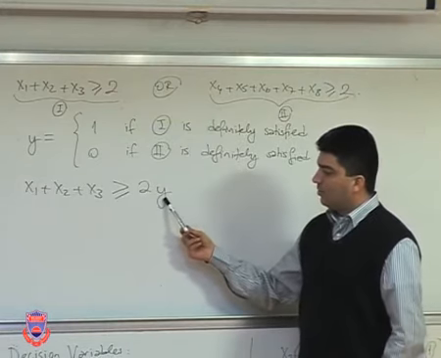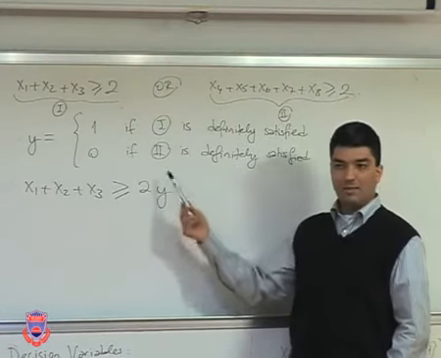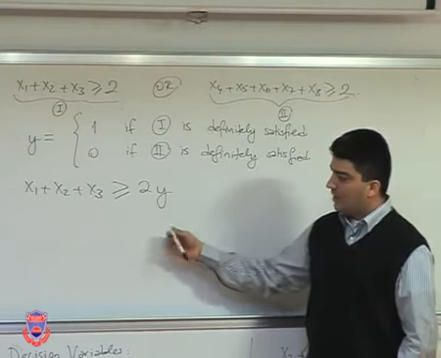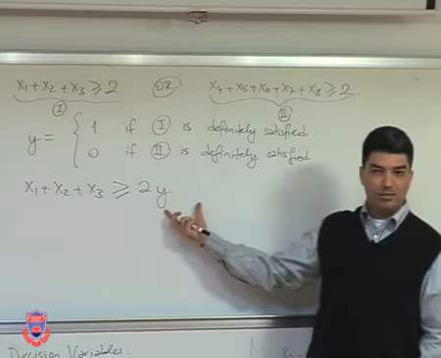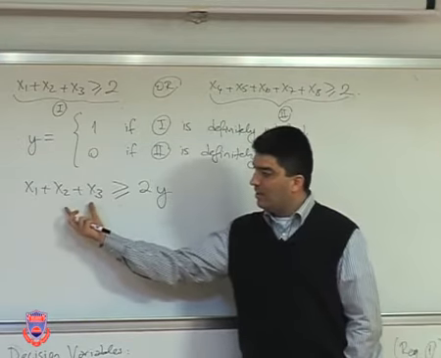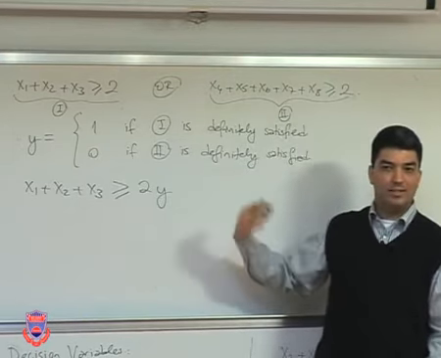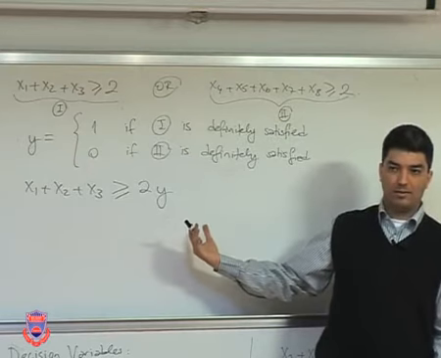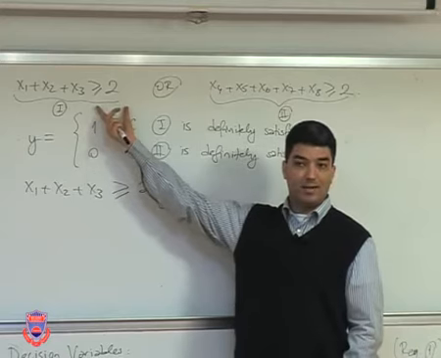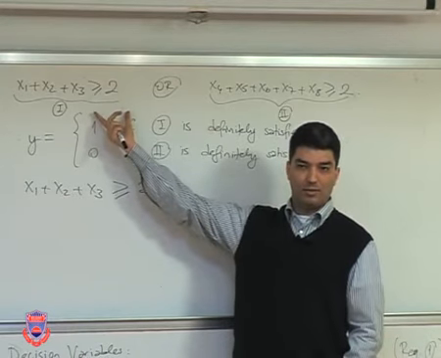Well, if y is equal to 0, then the right-hand side becomes 0, right? If the right-hand side is 0, then this constraint does not mean anything at all. So we say that this becomes a redundant constraint, an extra, an unnecessary constraint, so to speak. Which is good, because if y is equal to 0, I may or may not satisfy this one. I'm not forcing it to be satisfied.